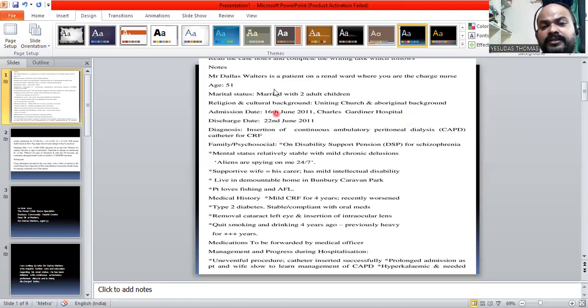Now, some other things are important here. That's the mental status and the psychosocial state. He's a schizophrenic, and he is getting DSP, that's disability support pension. This is something very significant.